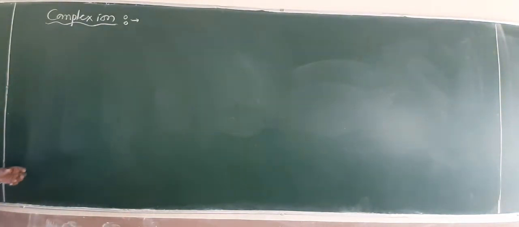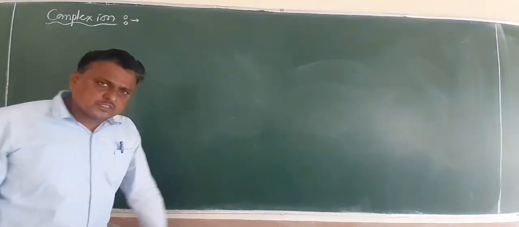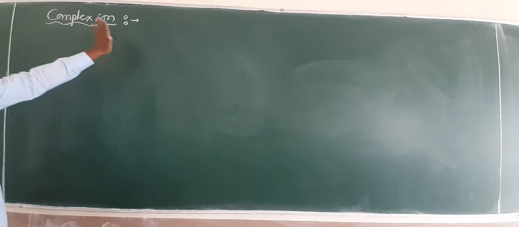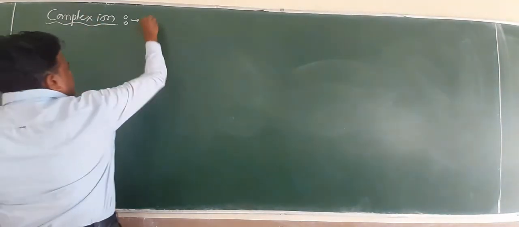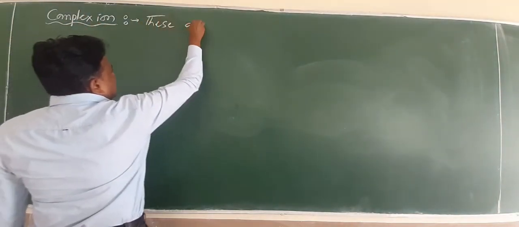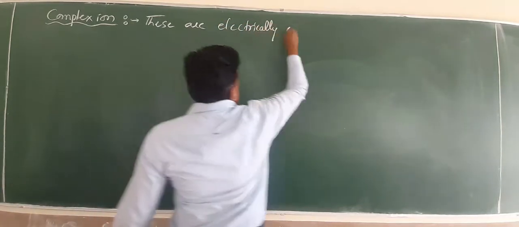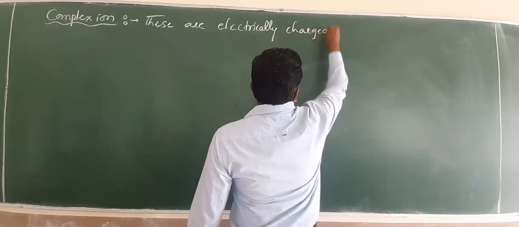After the name of the ligands and finding out the oxidation state of the central metal, now let us dig into the important definition: complex ion. What are complex ions? These are electrically charged species.